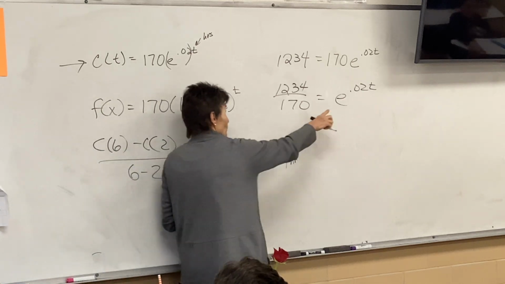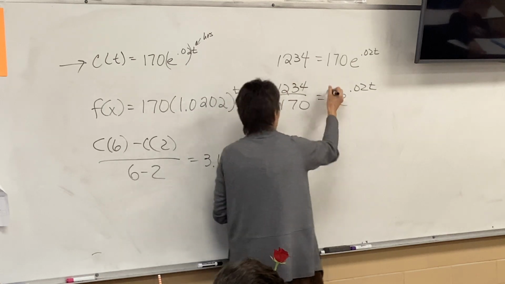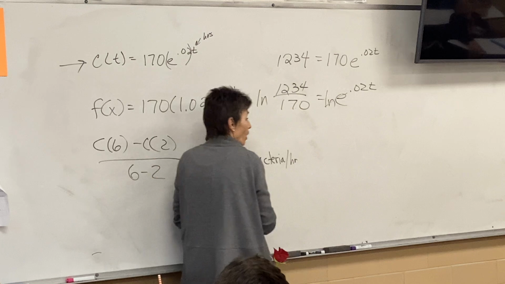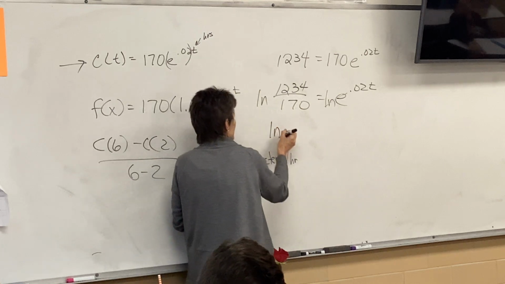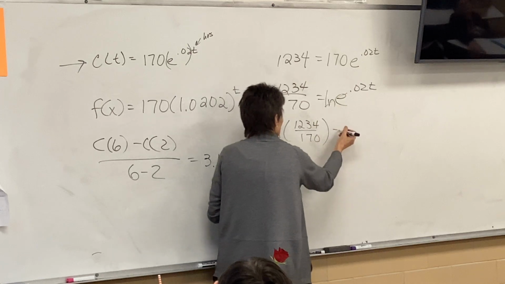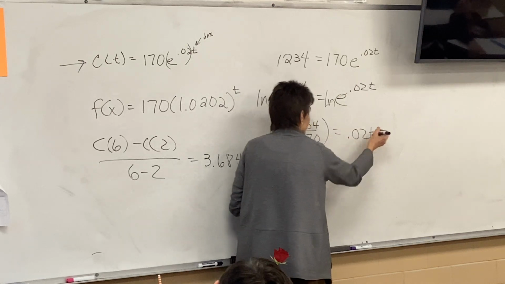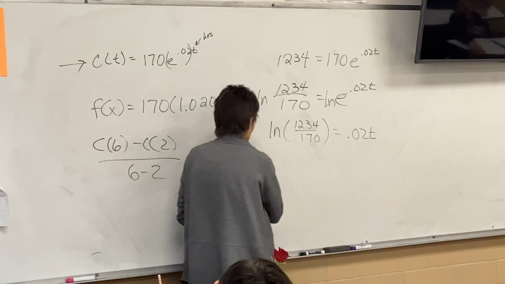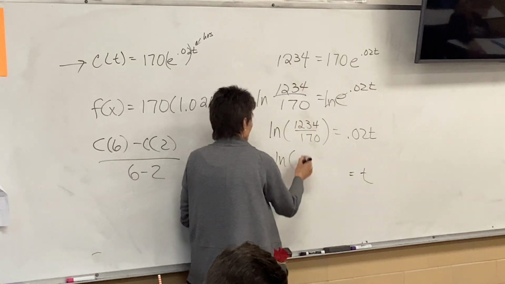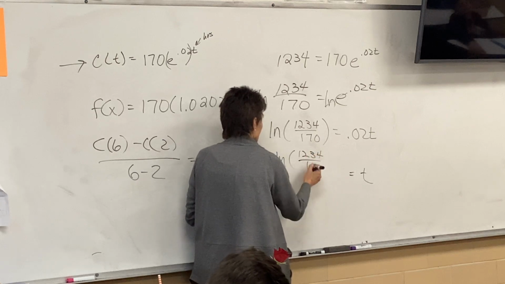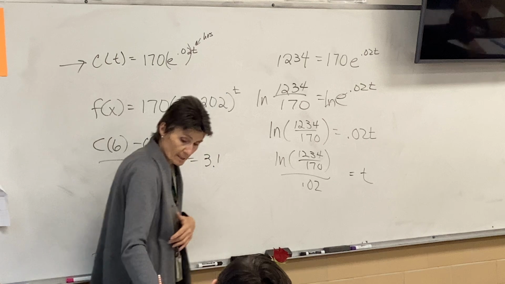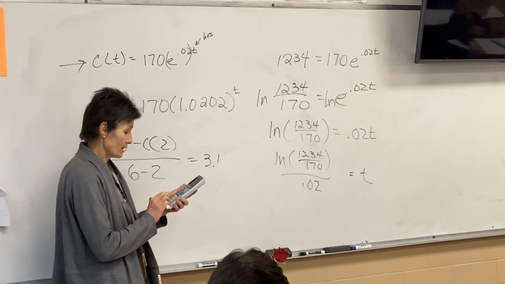So I'm going to ln or log, it doesn't matter, whatever flips your switch. I like the ln because that's gone. So the natural logarithm of this is going to equal 0.02t. So t is going to be the natural logarithm of this divided by 0.02.